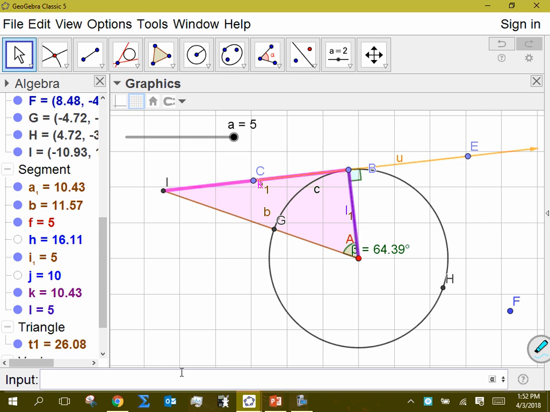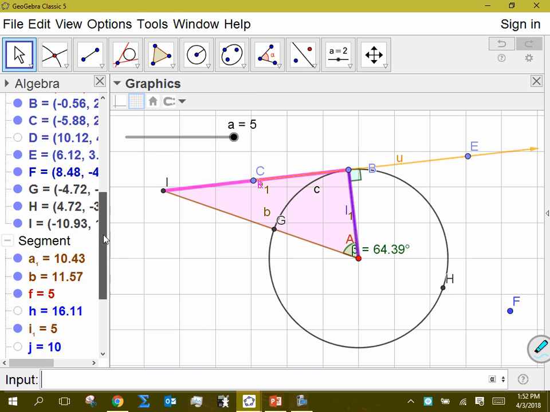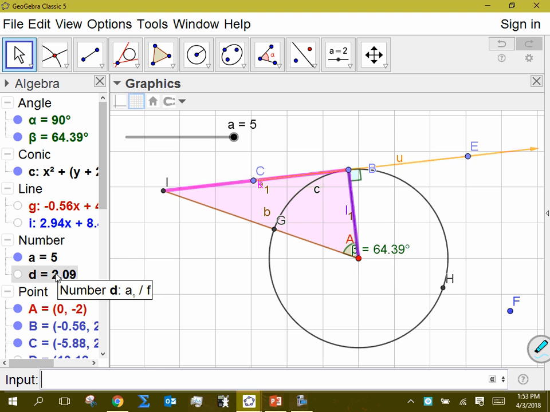If I take A sub 1 divided by that segment there, which is F, A sub 1 divided by F gives me the number 2.09.